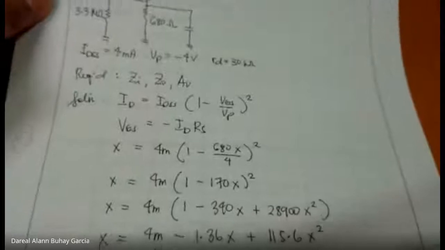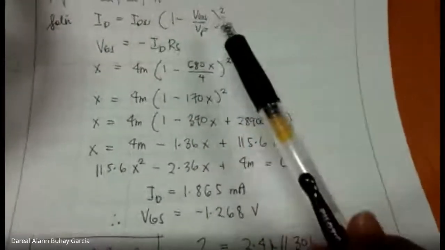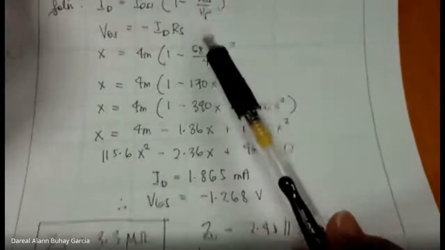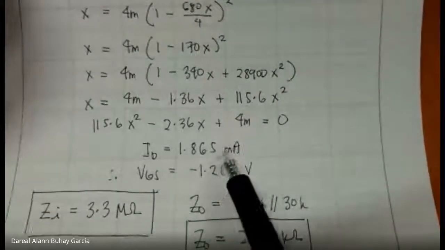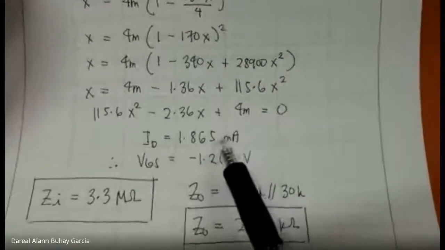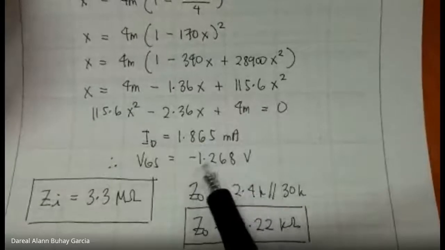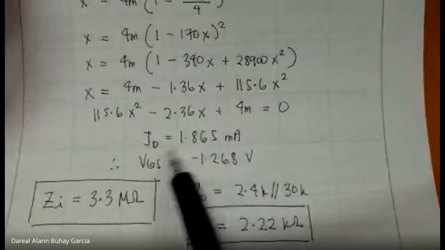So if this is the given, after performing DC analysis as we've done for the past 3 meetings, we obtained ID equal to 1.865, thus VGS is negative 1.268.